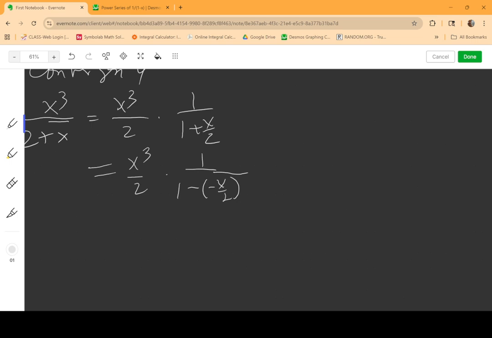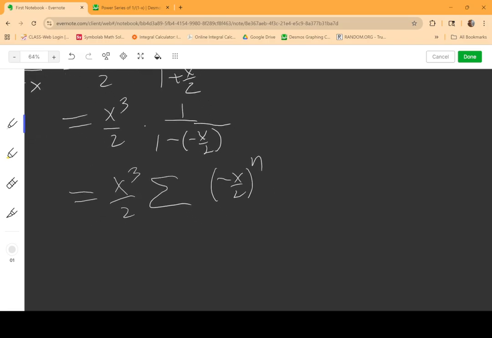All right, and here now I can use my power series from here, where we'll have x cubed over 2 times the sum of negative x over 2 to the n.